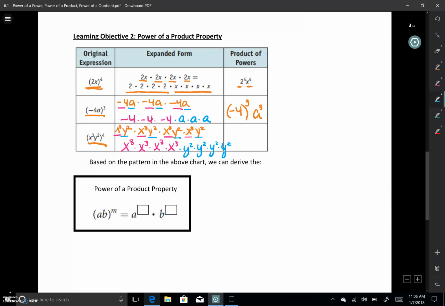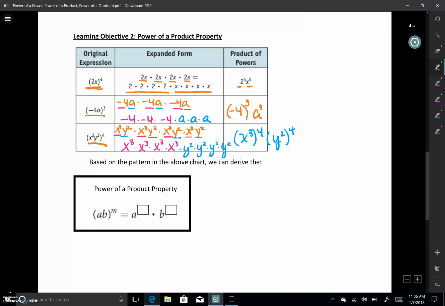So what I see that I have here is x cubed to the 4th, because I have x cubed times itself 4 times, and then times y squared to the 4th, because I have y squared times itself 4 times.